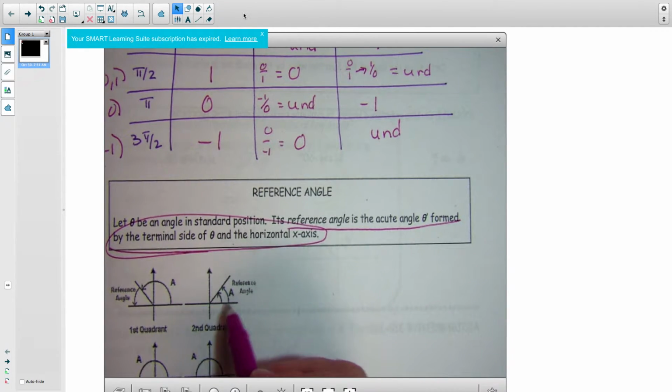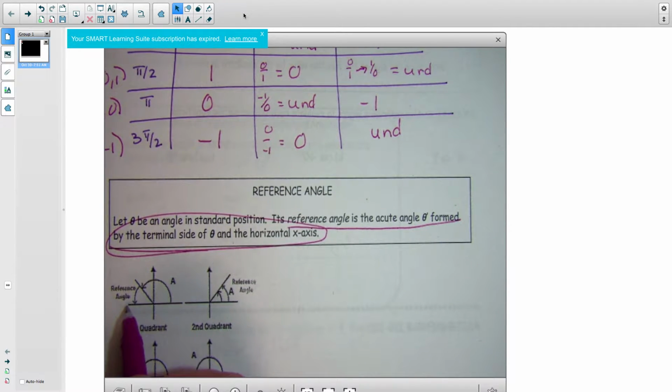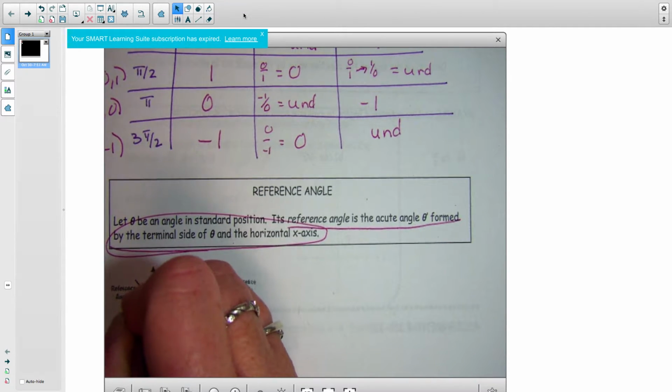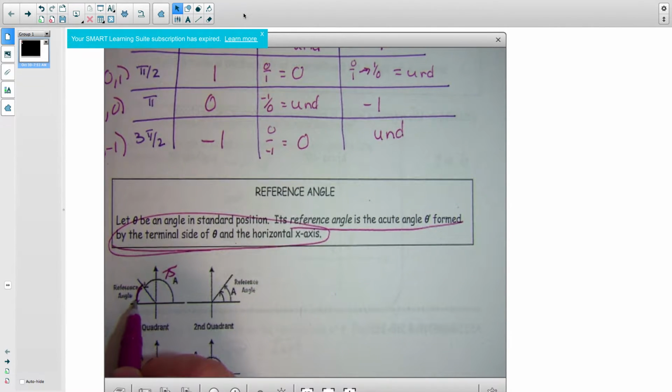So for example, an angle between 0 and 90, its reference angle is itself. An angle between 90 and 180, its reference angle is going to be right here.